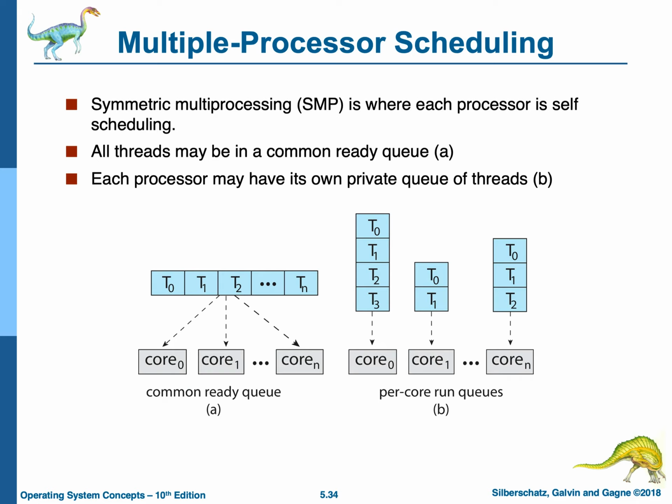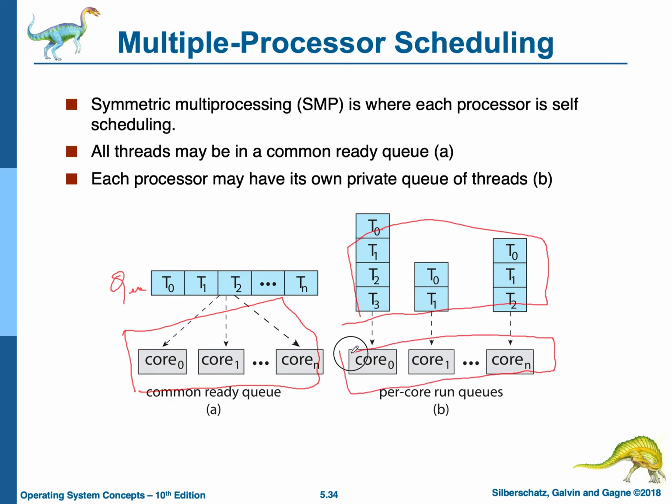In the common case, every core is accessing the same queue. Now this system is working on the same queue, and everybody is accessing this queue only. While here we have different queues for the systems. This system has this queue, this system has this queue, and this one has this queue. So every core has a different queue, and we have to balance between these queues.